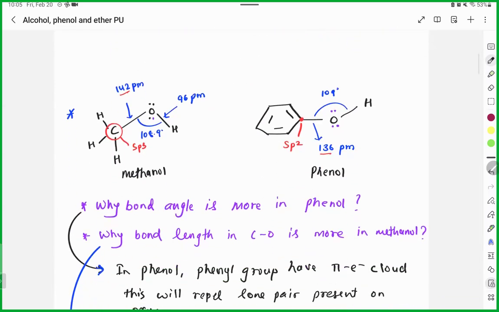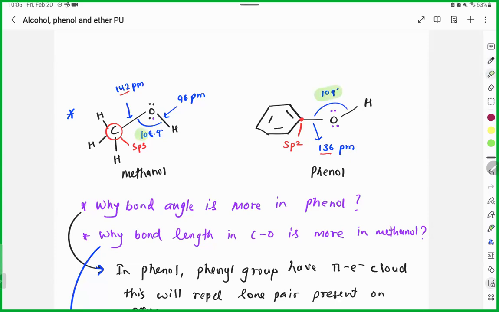Next, if you see the bond angle in case of alcohol or phenol, you can see bond angle is slightly more in case of phenol. Chandana, why? If you see bond angle in case of phenol, it is 109.